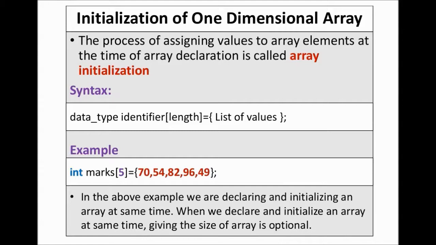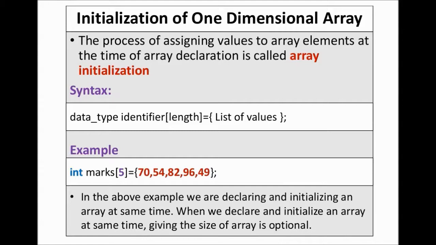The values are separated with commas and enclosed within braces. There must be at least one initial value between braces. A syntax error occurs if the values in braces are more than the length of the array. If the number of initial values is less than the array size, the remaining array elements are initialized to 0.